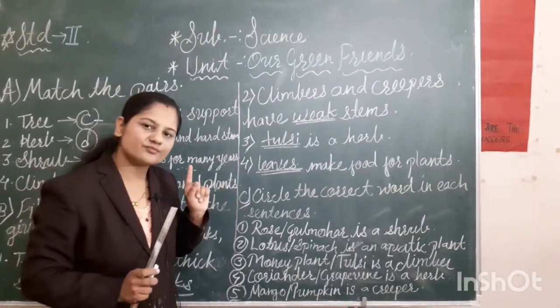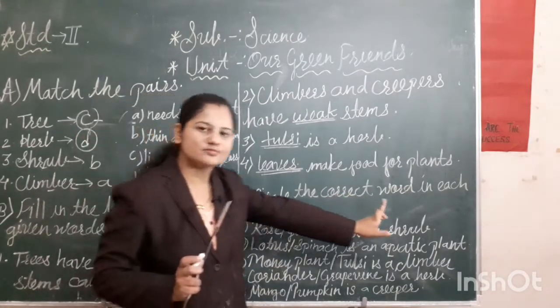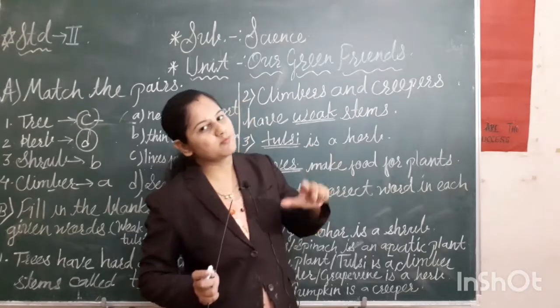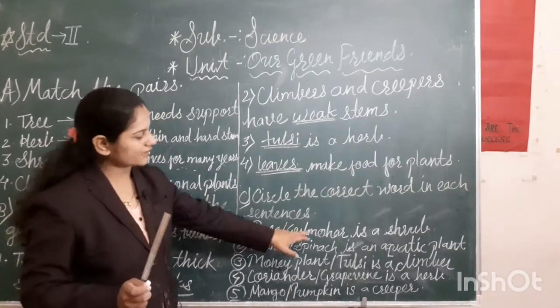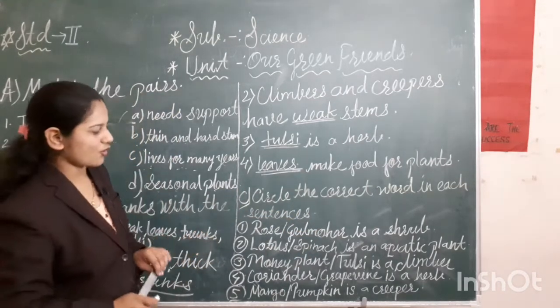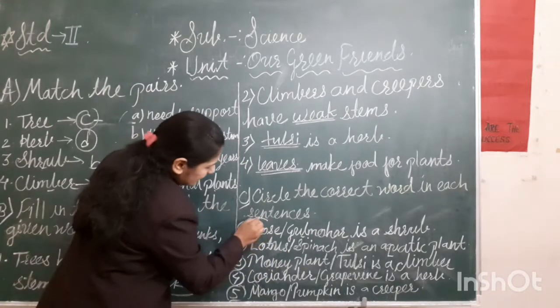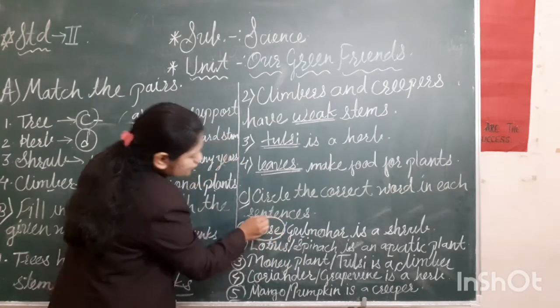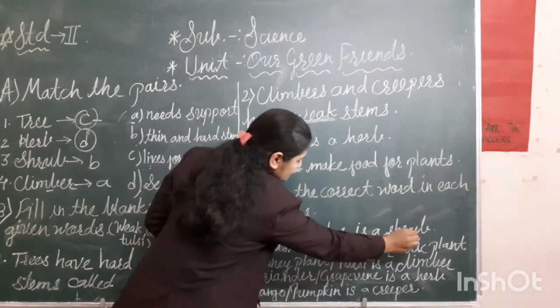The definition of a tree is a big plant, and the definition of a shrub is a small plant. So think, between these two, which is small? Obviously the rose plant is small. That's why rose is a shrub.